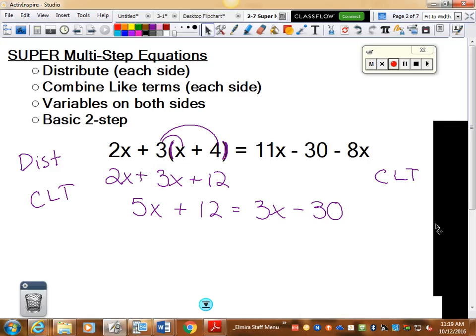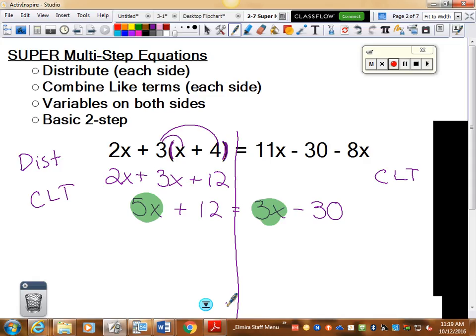Then my next step is variables on both sides. So I see a variable on the left hand side and a variable on the right hand side, and I still encourage any of you who find it helpful to draw the line down through the equal sign.